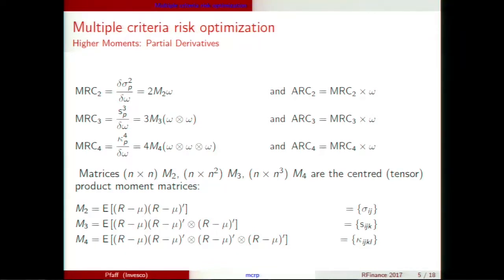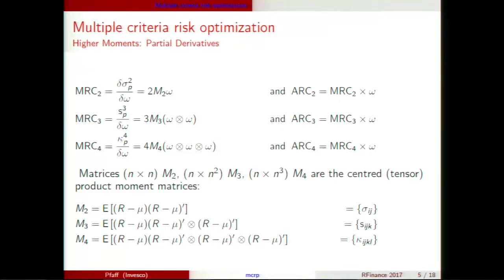And to reiterate the dimension problem, these are all more or less centered tensor product matrices, and you can see by the kind of indices as well as the dimension, that when one is tackling larger portfolio optimization problems, there is of course a problem with the count of estimation.